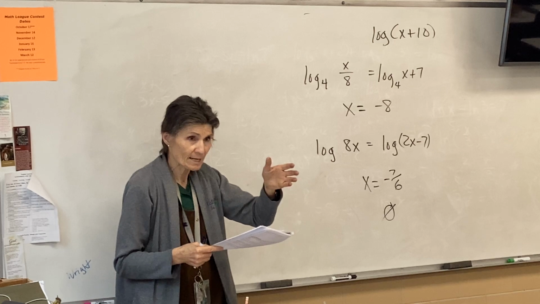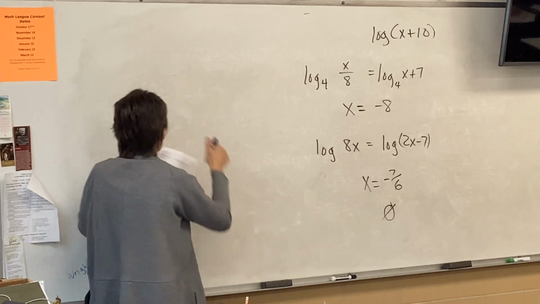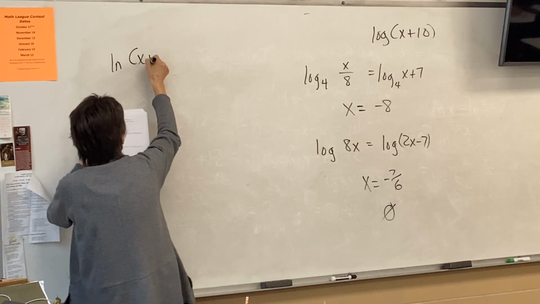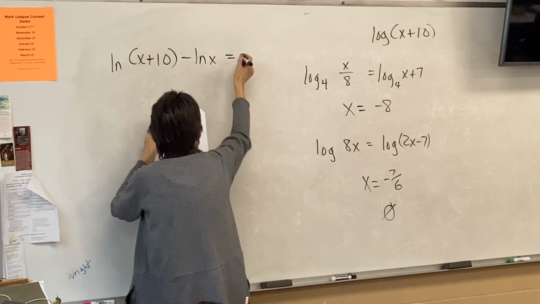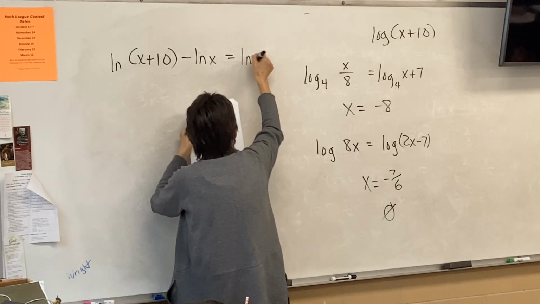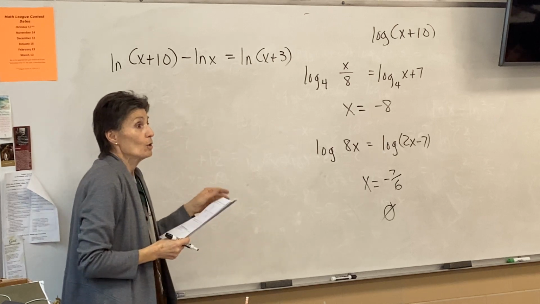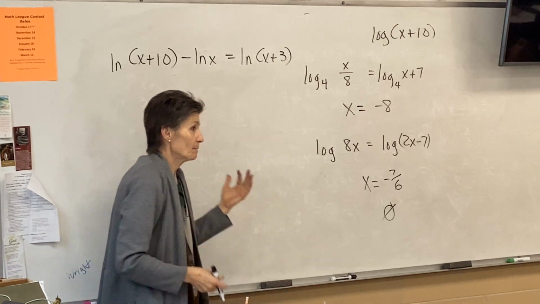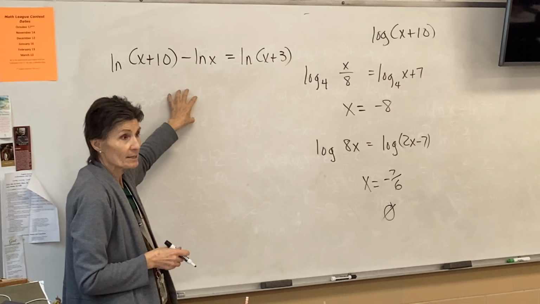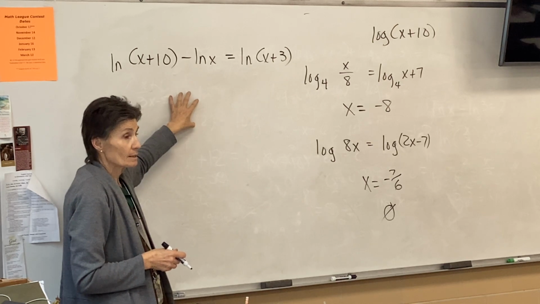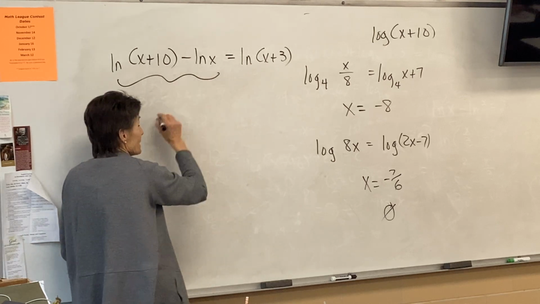When they intersect, doesn't that mean they're equal? So we're just solving the equation ln(x plus 10) minus ln x has to equal ln(x plus 3). Now, could we solve it graphically? Sure, but this is so much faster. Does everybody follow what's happening here? We're just setting them equal, because that's where they're going to intersect. Combine.